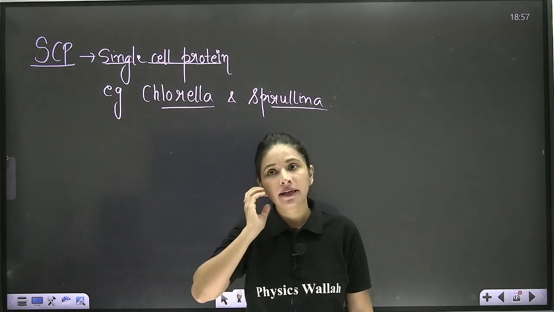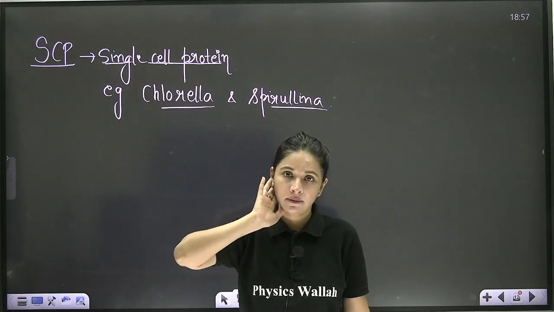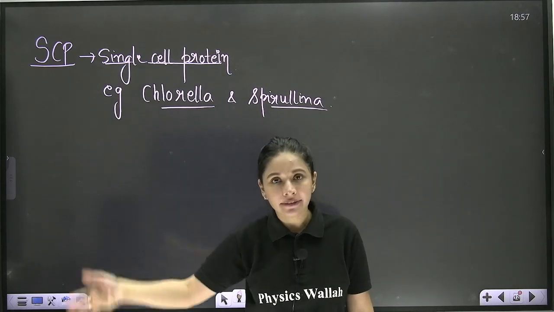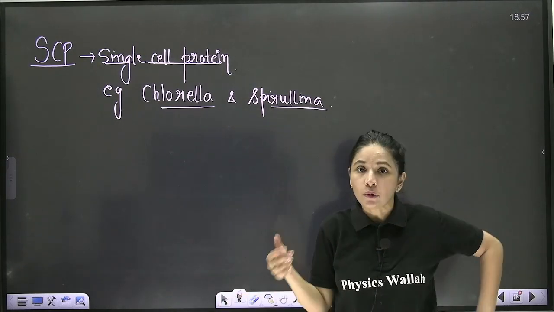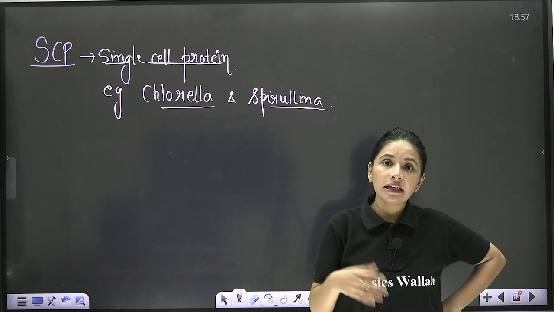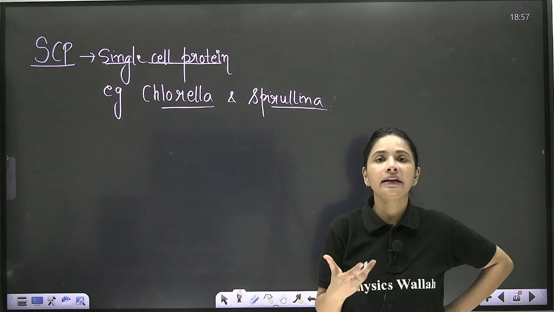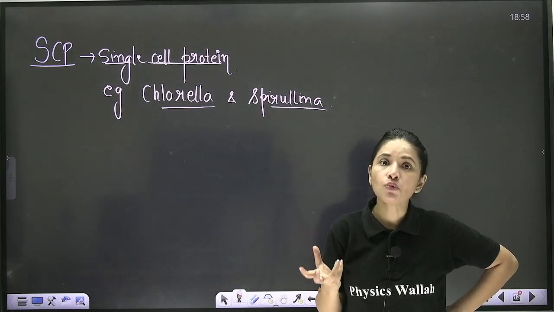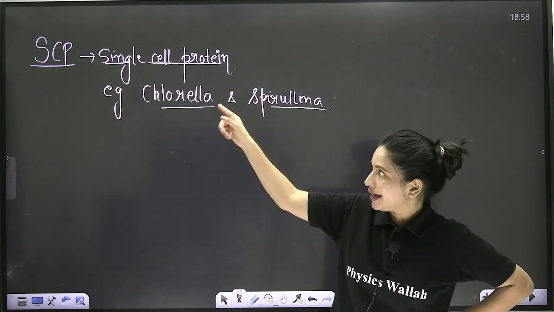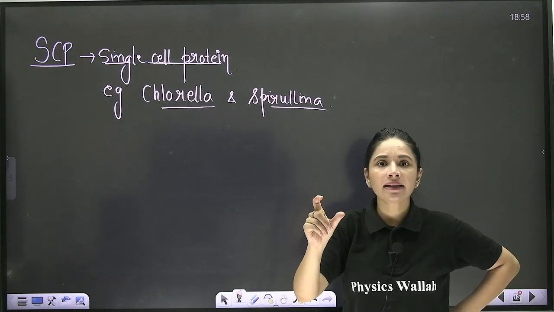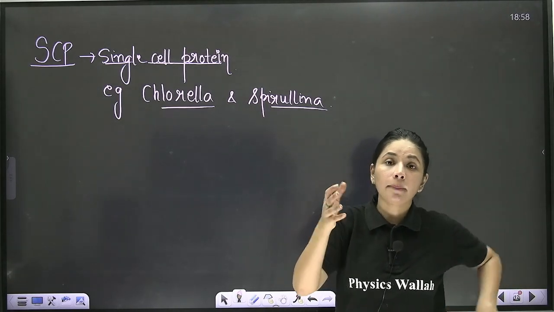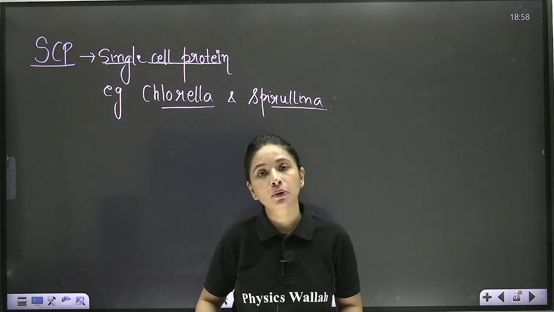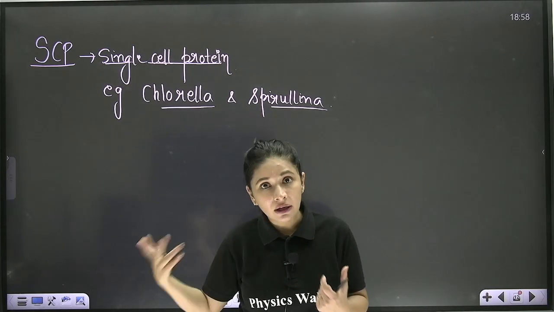So even though plant breeding has helped us to increase production, the population is so large and increasing every day that even this high yield is sometimes not sufficient to feed the population. So what is an alternative? Shift to SCPs. Single cell proteins, start taking tablets. If you're eating but not getting that amount of protein in your body, or for people who are not able to afford food.